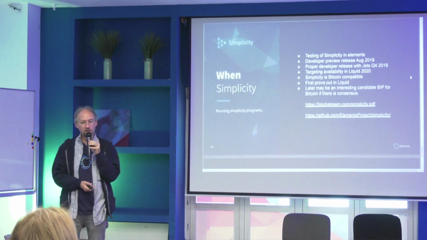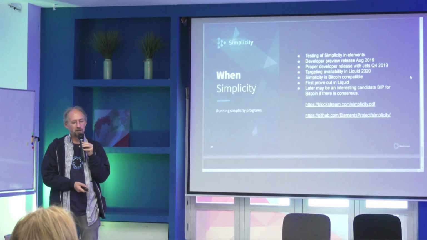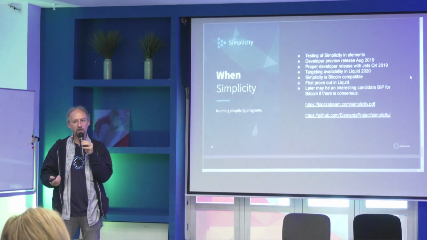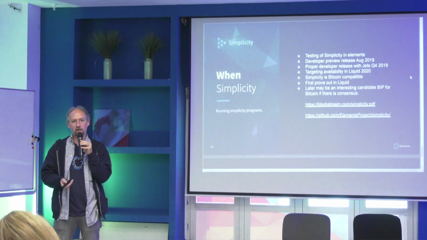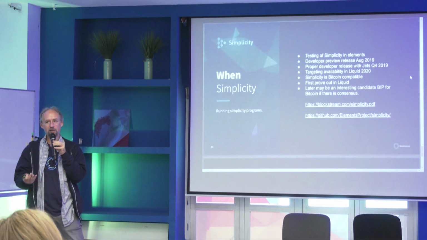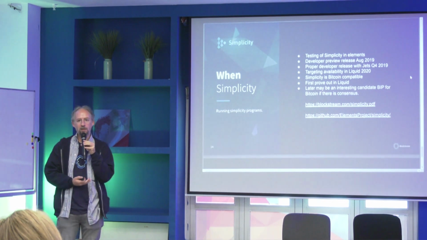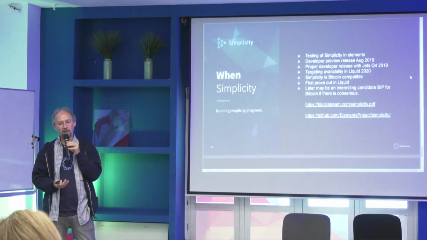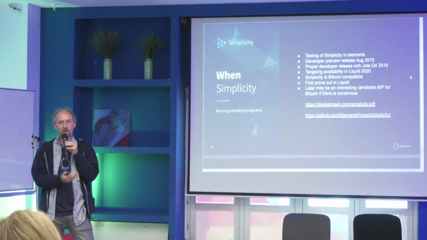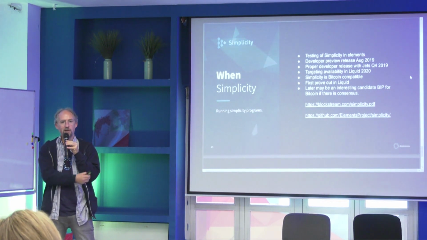So our idea is that while we will try it out in Elements and Liquid and deploy it in Liquid so that people can use it for Liquid assets and set up more sophisticated trade assurance, like self-custody, trustless exchange mechanisms in Liquid, and prove out the technology so that if there's interest, eventually that might find its way back into Bitcoin.